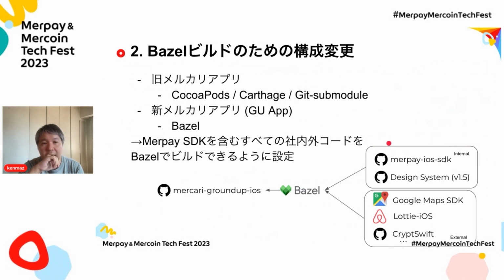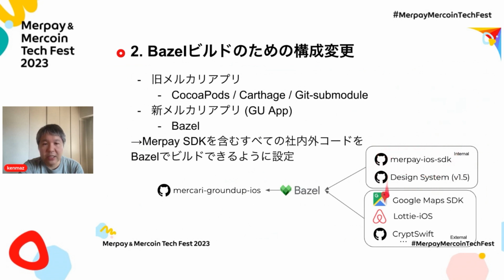Now that all the code is in the Merpay SDK, the next step is to change the build environment setting. The old Mercari app used Carthage and a Git submodule to build the necessary code together, but the new Mercari application, GroundUp, uses Bazel to do all the build. So we needed to set up all internal and external code, including the Merpay SDK, to be able to build with Bazel.